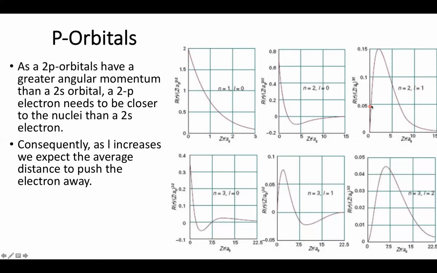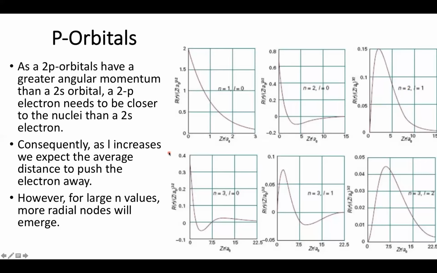However, I do like to emphasize this "on average" term, because let's go ahead and compare our 2p orbital versus our 2s orbital. Our 2s orbital has a most probable density for its wave function, so it's most commonly found further out than the 2p orbital.